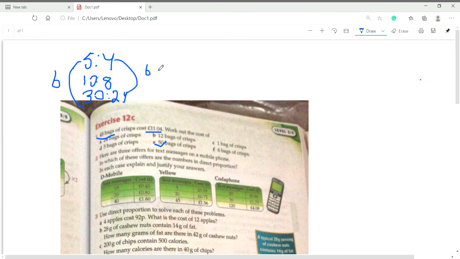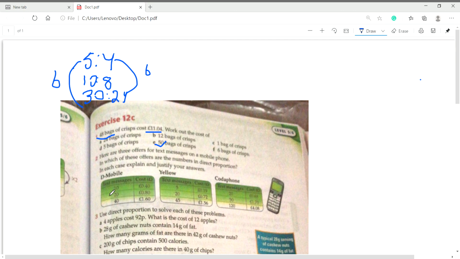So if you have this relationship, if you increase one of the parts of the ratio by a certain number, and then increase the other part of the ratio by the same number, this is called direct variation. Let's see, here we have 3 cases in exercise 2: D-Mobile, Yellow, and Code Phone. Let's find out whether there is direct variation or not. The number of text messages is 10, so the cost is 40.